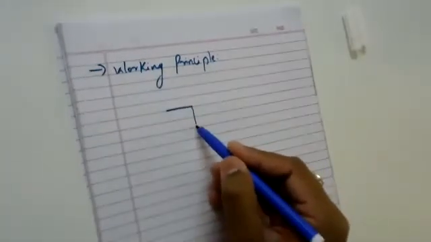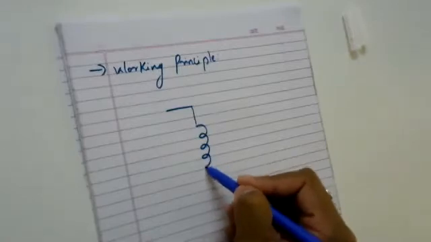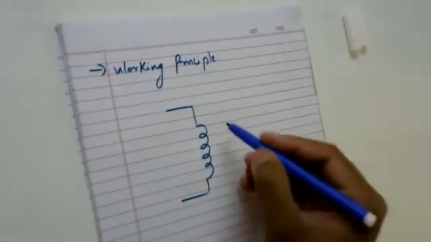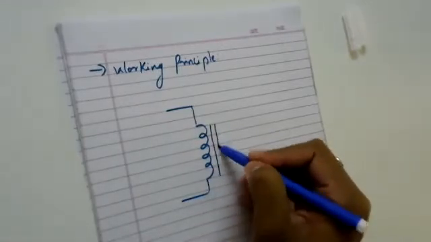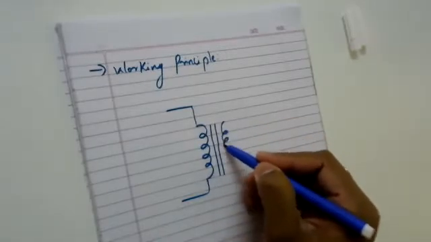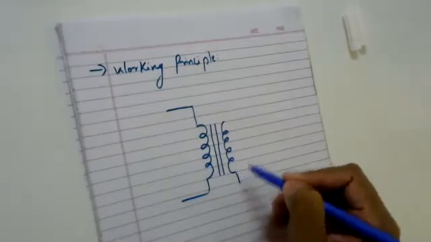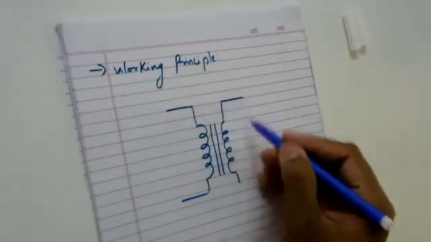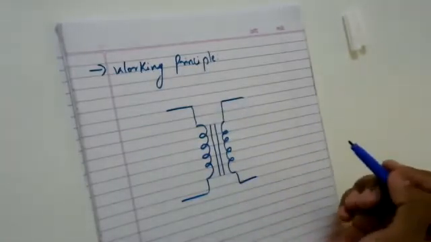Here I will use a symbolic diagram. This is a primary winding. This is mutual coupling between the two windings, which indicates a magnetic coupling. Okay, so this is my transformer.